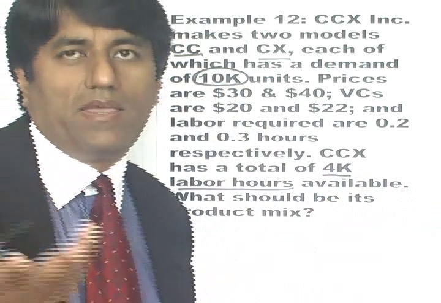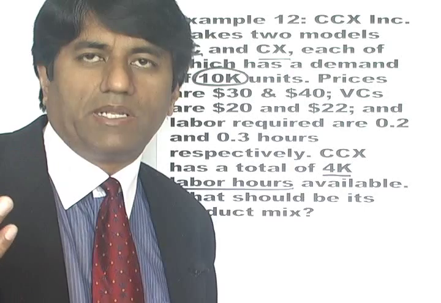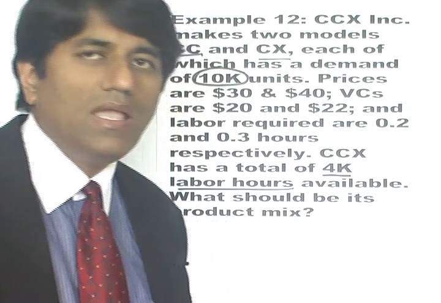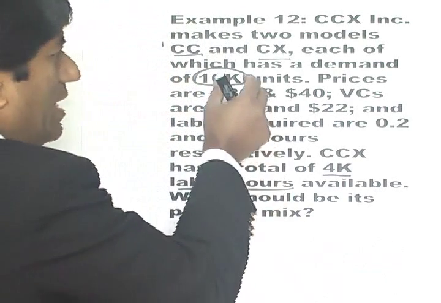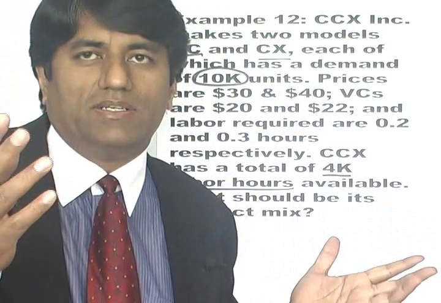Because after 10K, the firm can't sell it, so no point in producing it. So what you have to check is whether there's enough labor available to produce 10K of each, and if so, then that's the answer.